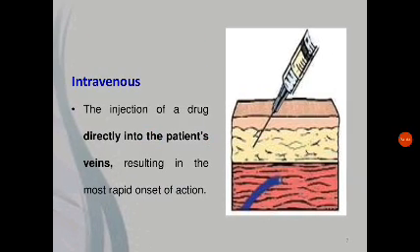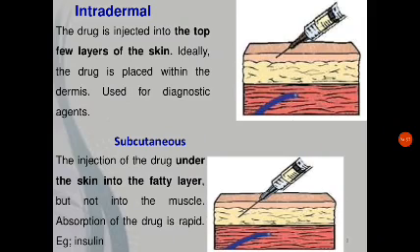So intravenous refers to the injection of drug directly into the patient's vein, hence it results in the most rapid onset of action, and the bioavailability is also very high in the IV route. Intradermal means the application across the skin, and ideally it is placed in the dermis.